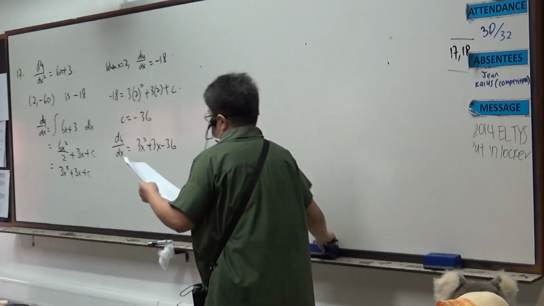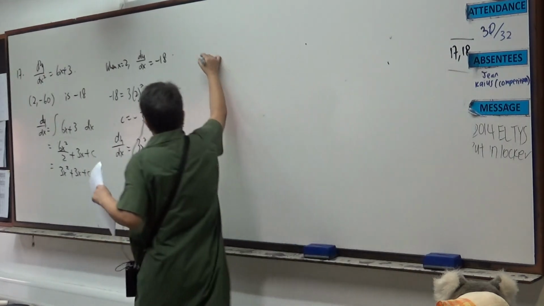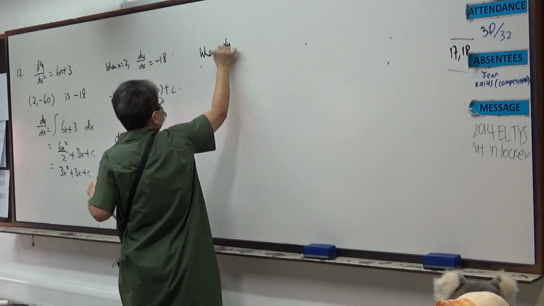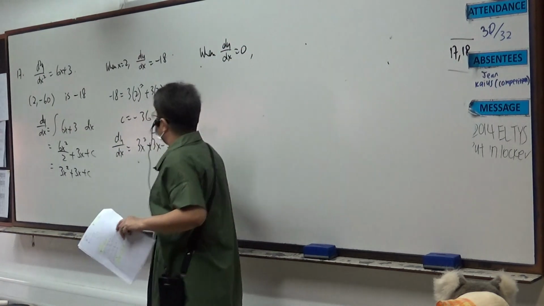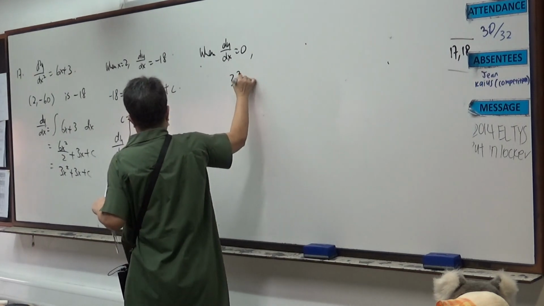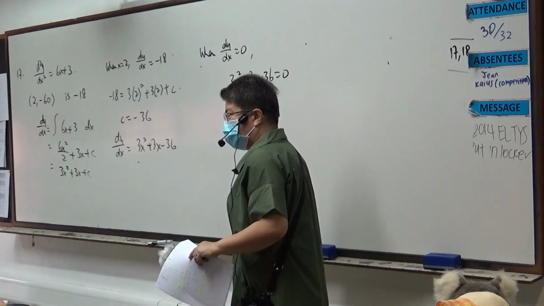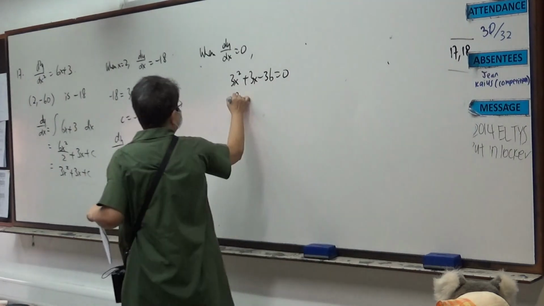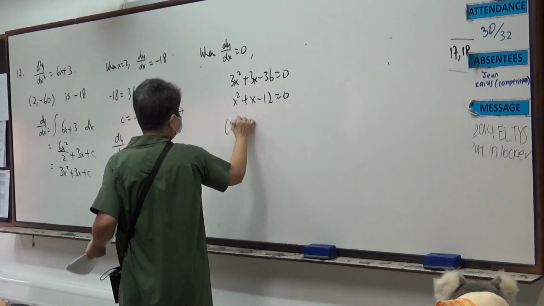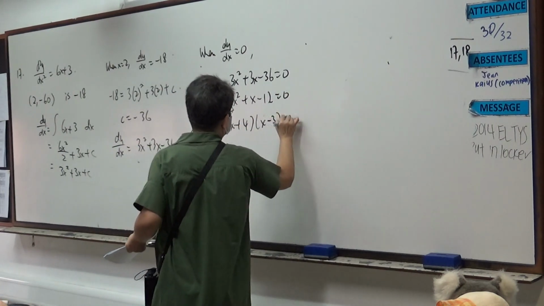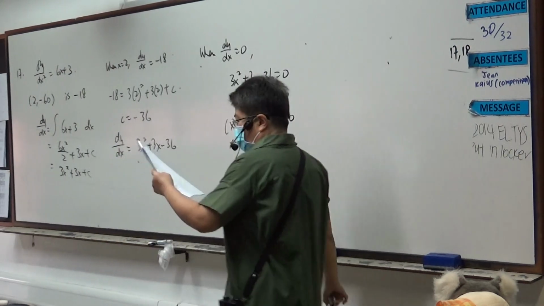Stationary points will be when dy/dx is equal to 0. So, when dy/dx is 0, I will have this equal to 0, right? So I will have 3x squared plus 3x minus 36 equals 0. I can divide by 3 first, right? Okay. x squared plus x minus 12 equals 0. I will have x plus 4, x minus 3 equals 0. So x is negative 4, or x is 3.